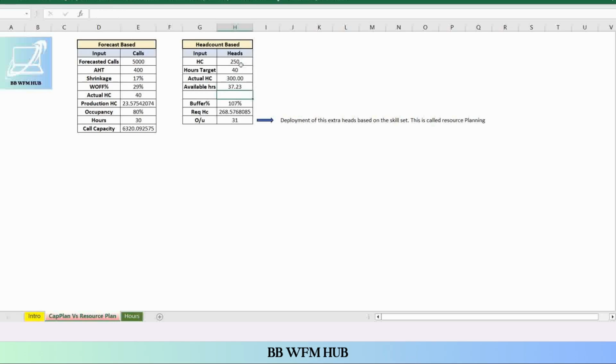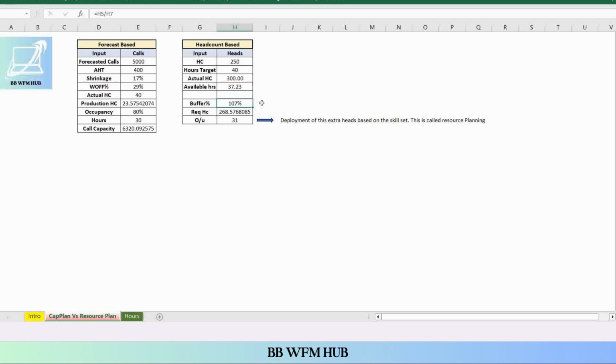That means we have a buffer. So for that, we will calculate the buffer percentage. We are dividing 40, the targeted hours provided by the client, by 37.23, the available hours an agent is providing us. So we have a buffer percentage of 107%.